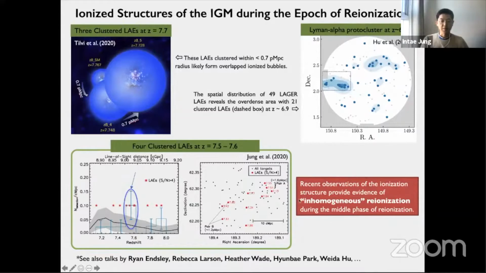Besides these studies, we have noticed numerous other studies presented in this conference provide an increasing body of evidence of ionizing bubble structures from Lyman-alpha observations, particularly from bright galaxies. All of these suggest accelerated reionization nearby these clustered brightest galaxies.